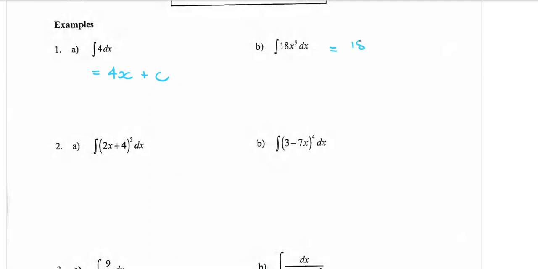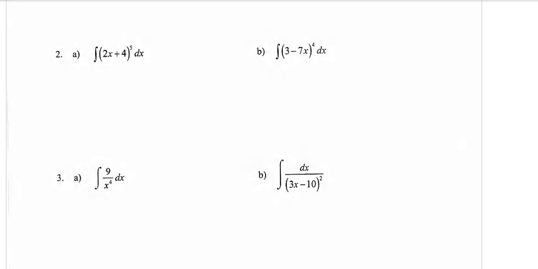I'll do it the long way. It's 18x, add 1 to the power, divide by the power, plus c. So the 18 over 6 would be equal to 3x to the 6 plus c. And yes, you will lose marks if you forget the plus c. It is important.